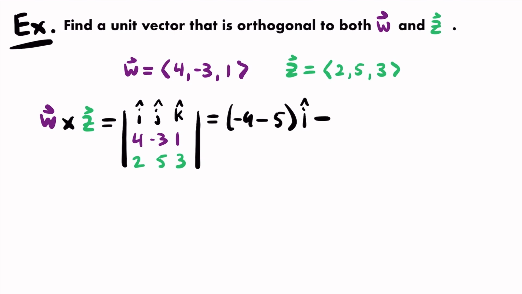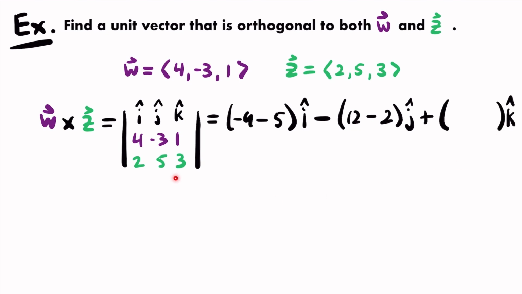We always subtract that second term that we're multiplying by j, and that determinant will be calculated from the values left over after we cross out the row and the column of vector j. So we're going to be working with these 4 values here. We'll have 4 times 3 minus 1 times 2. 4 times 3 is 12, so we have 12 minus 1 times 2, which is 2, and that's multiplied by j, and then we'll add that to one more term involving vector k.